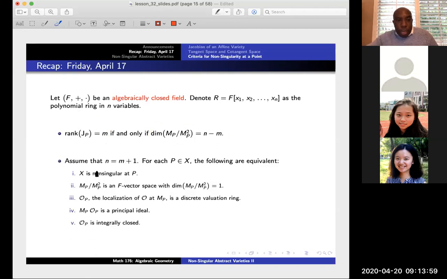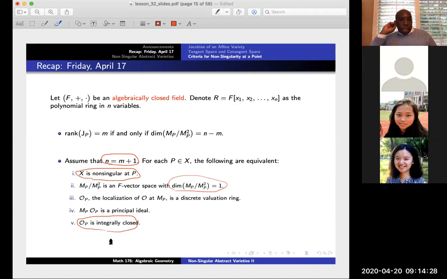So in the special case where I have one more variable than equations, so N equals M plus 1, the following 5 statements are equivalent. What I want to focus on for the moment are the first 3, which say that it's non-singular if and only if this M mod M squared is one-dimensional, and that happens if and only if something here is integrally closed.